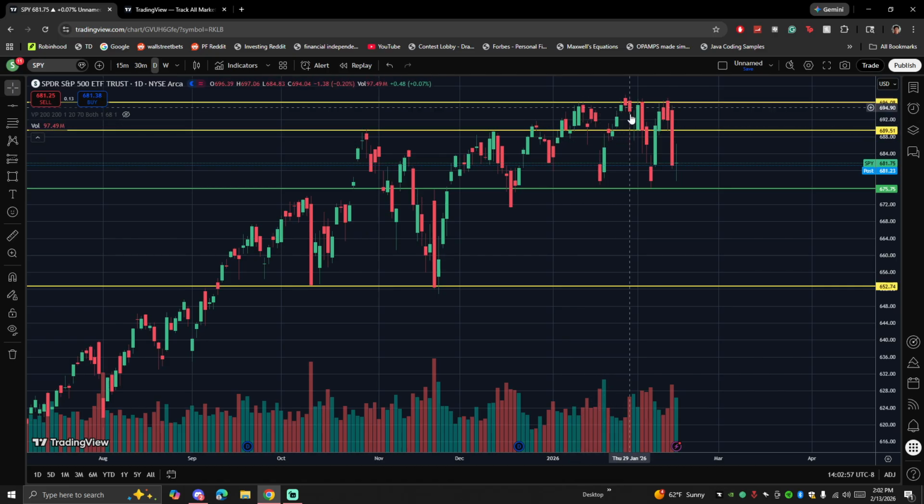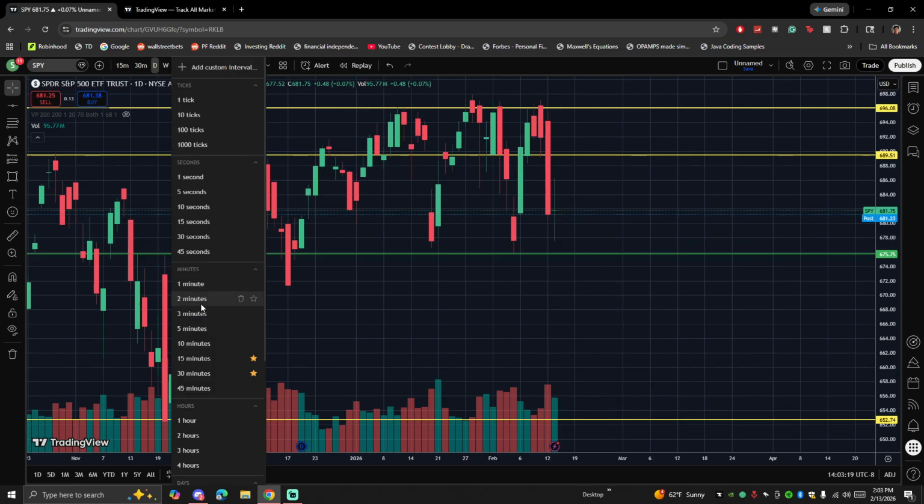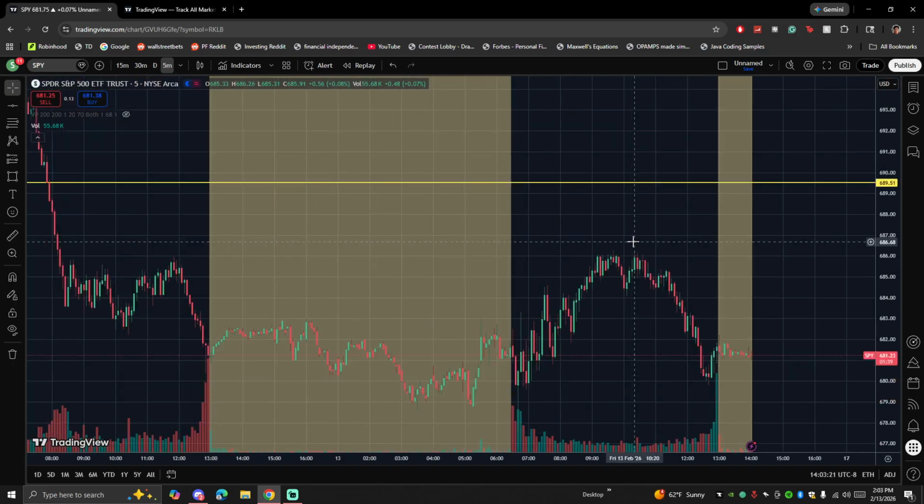Price has kind of been chopping through it a little bit. We had a huge bearish candle on Thursday. We had a rejection of the high on Wednesday, and today we are getting what we call a spinning top, which basically means the body of the candle is nothing, and we have long wicks to the upside and downside. That's basically telling me that there's price indecision for SPY, right?